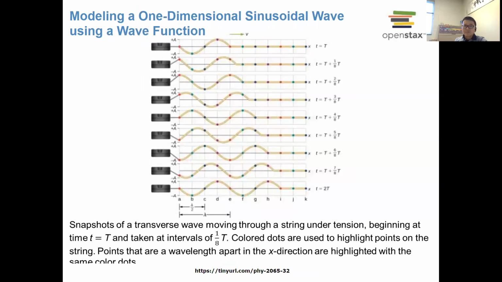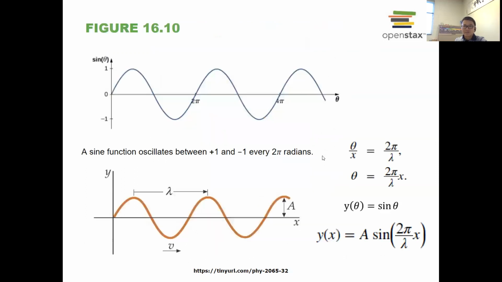So to model the wave function, it should be a function of the position x, and then also a function of the time t. Using a sine function or cosine function, you will be able to describe the propagation of the wave. All right.